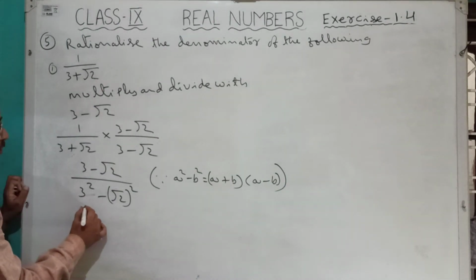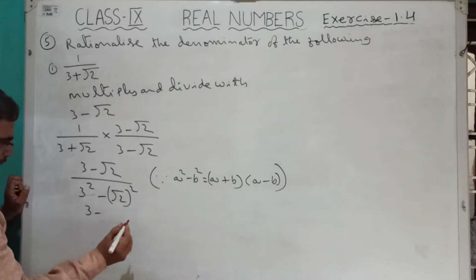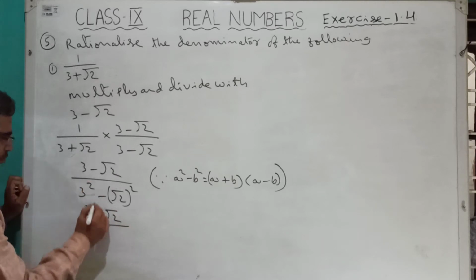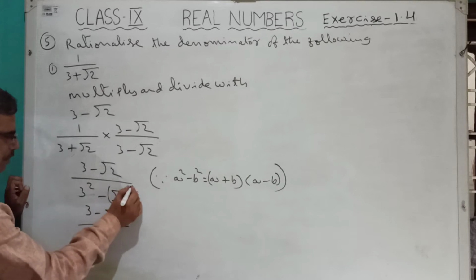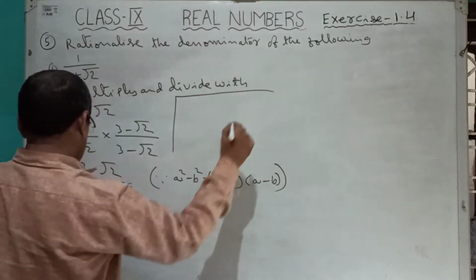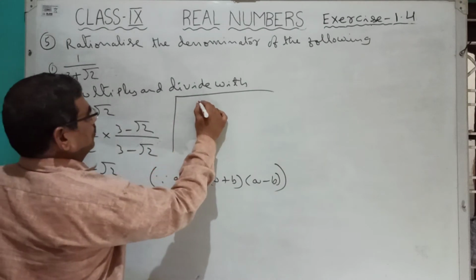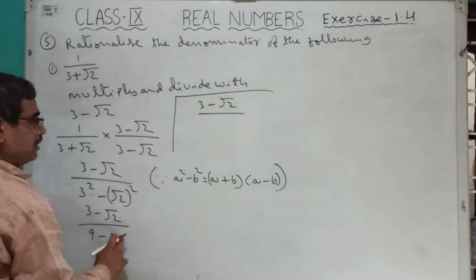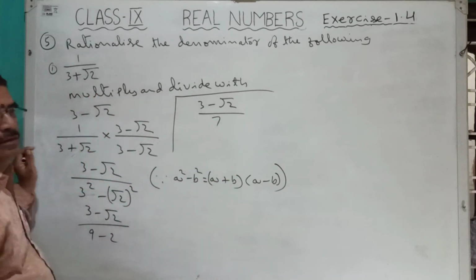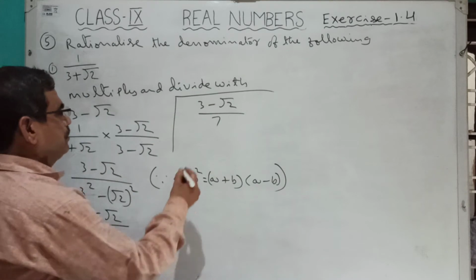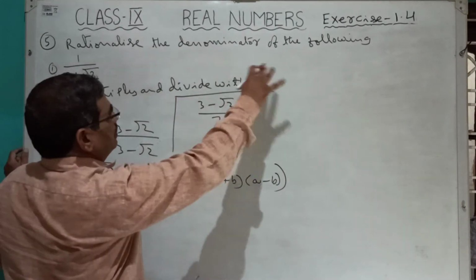So 3 minus root 2 by 3 square, which is 9, minus 2 square root cancels, 2. So 3 minus root 2 by 9 minus 2, 7. In the denominator we have converted to a rational number. So we rationalized the denominator.